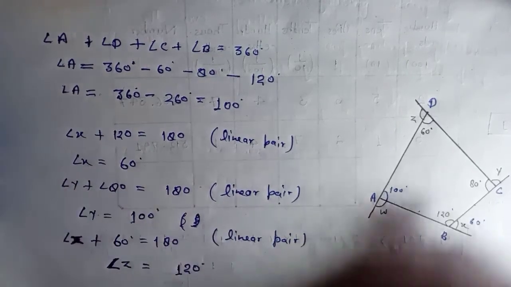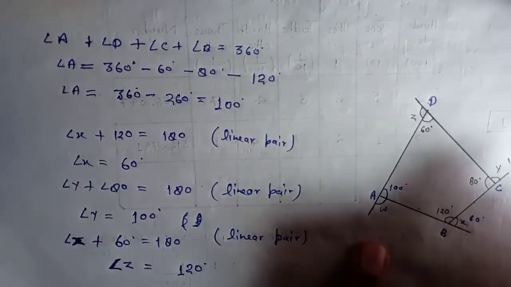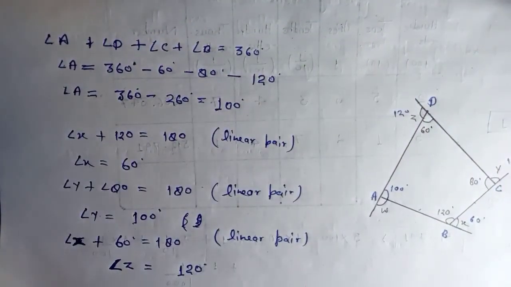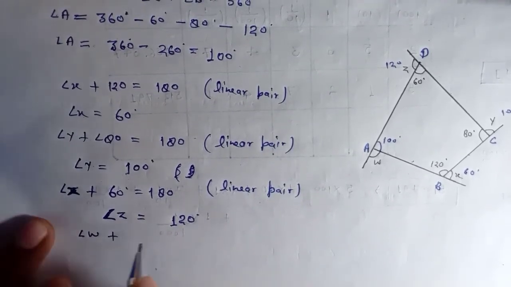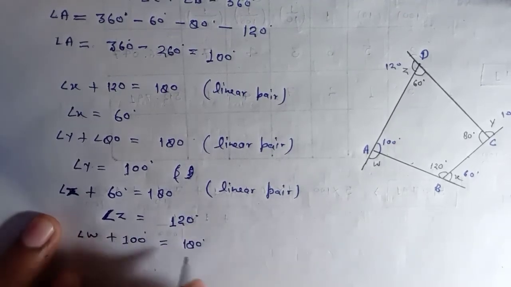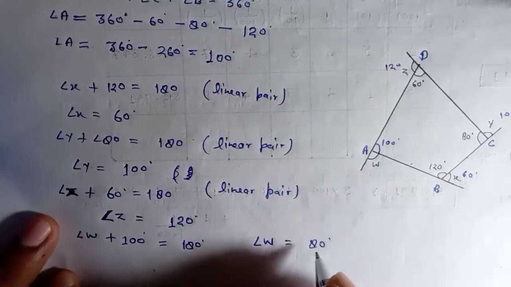So y is equal to 100, z is equal to 120, and find w. For w we have angle w plus 100 is equal to 180 degrees. So angle w is equal to 80 degrees.